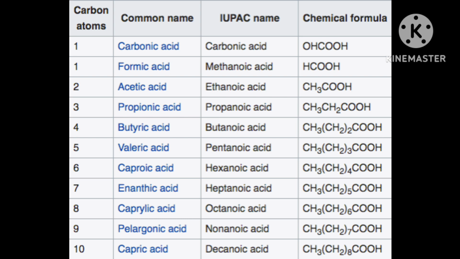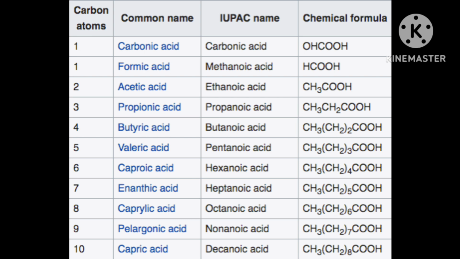Then this is called phenyl acetic acid, because CH3COOH is acetic acid, and from that acetic acid one H is gone. Now 2 H are remaining, CH2, and in place of the one H, a phenyl group is attached. Correct? CH3COOH, then one H gone, and in its place the phenyl group has come.